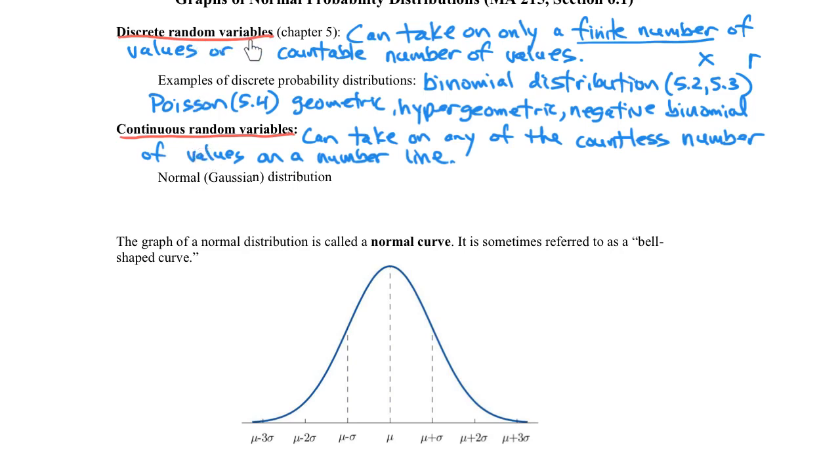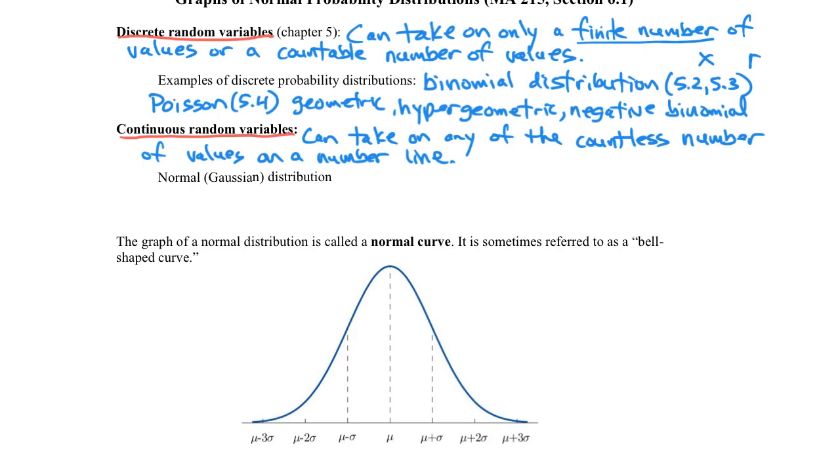Discrete may be like a random variable x could represent the number of students in a classroom, where you're going to have an integer, where a continuous random variable could be the weight of a table, and realizing that we don't need to necessarily round it to the nearest kilogram or pound. So really it could be on a scale, right? It could be maybe it weighs 172.439 pounds.